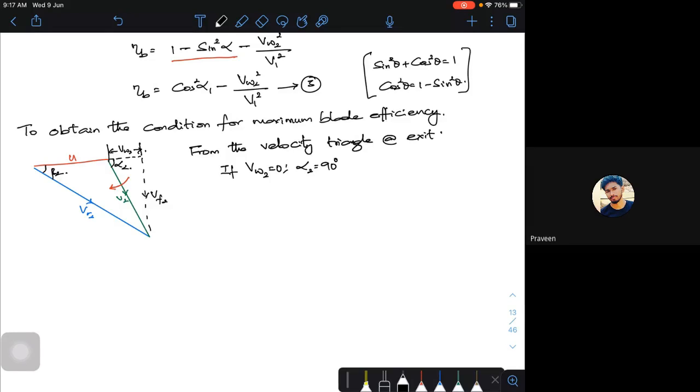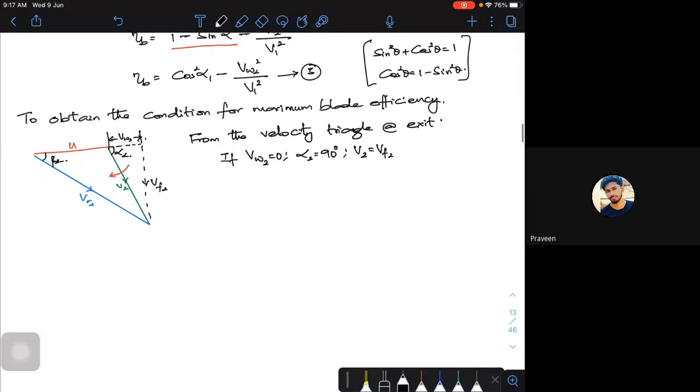Then under that condition, your V2 will be equal to VF2. I have only one component. When VW2 is equal to 0, your V2 will be equal to VF2 and alpha 2 is equal to 90.